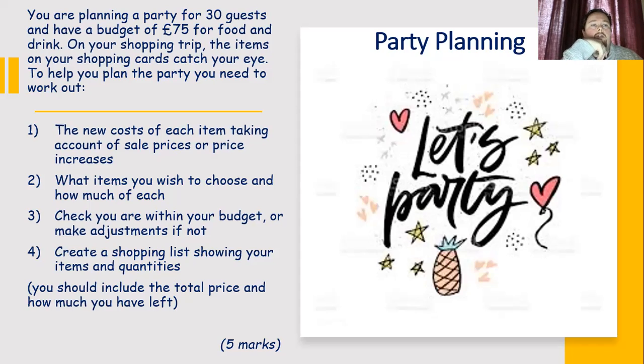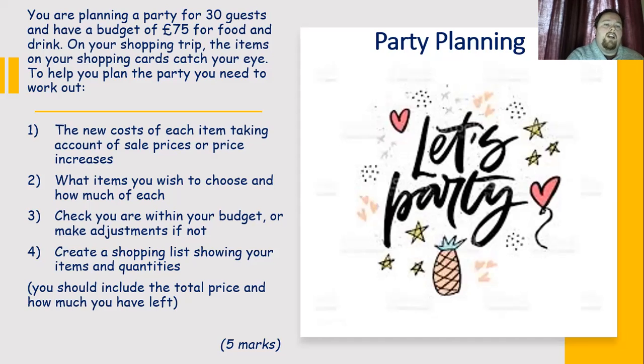So what you have here is a question. You're planning a party for 30 guests and have a budget of £75 for food and drink. On your shopping trip, the items on your shopping cards catch your eye. To help you plan the party, you need to do the following. You need to work out the new costs of each item, taking account of any sale prices or price increases.